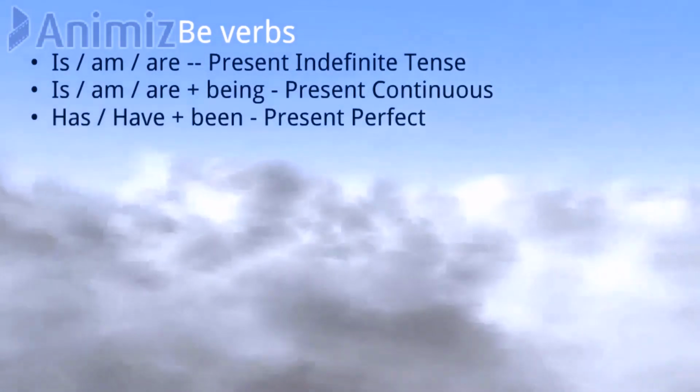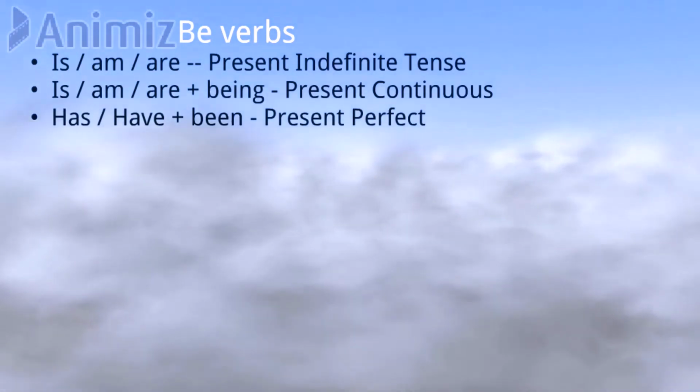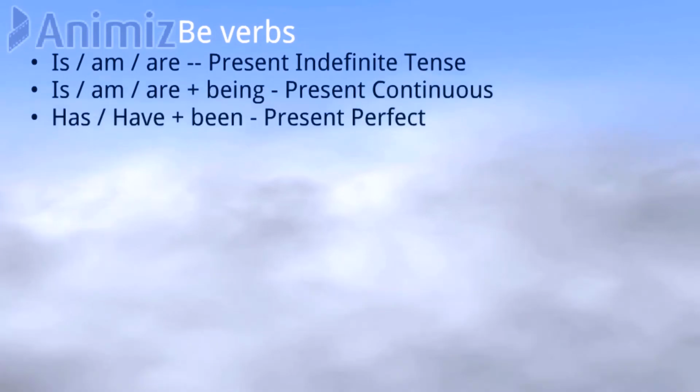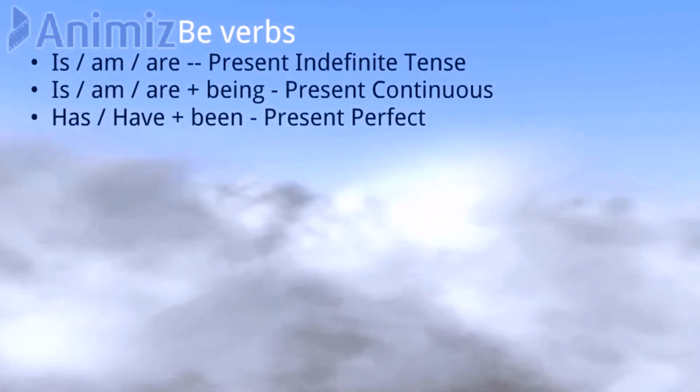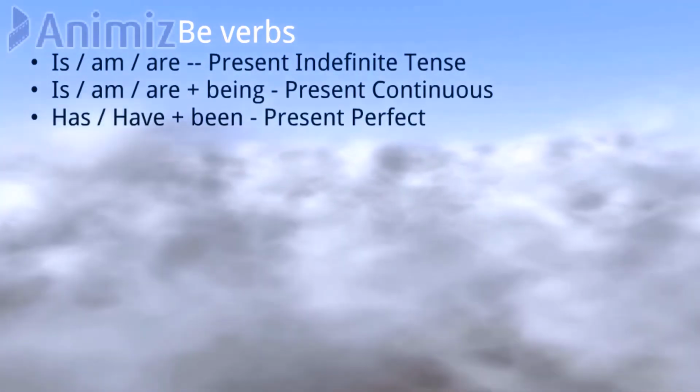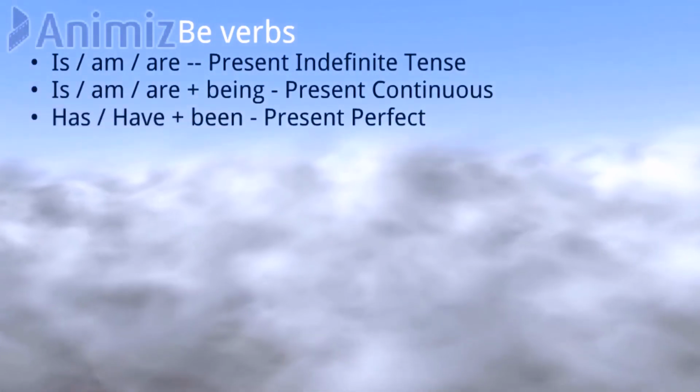When the active voice is in present continuous tense, is or am or are will be already there. You have to use along with that being.